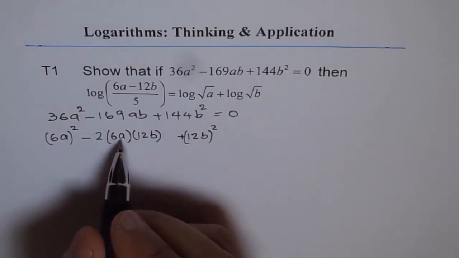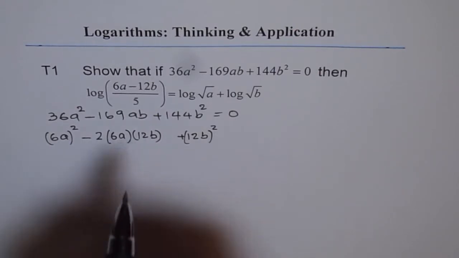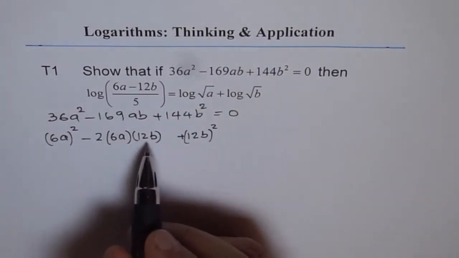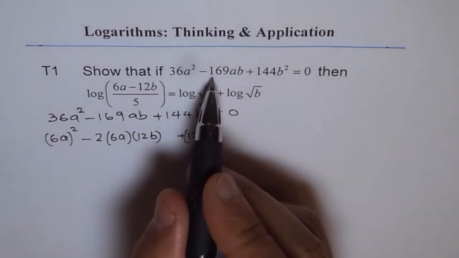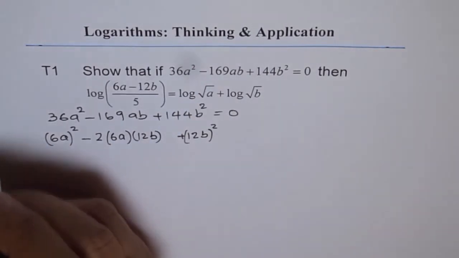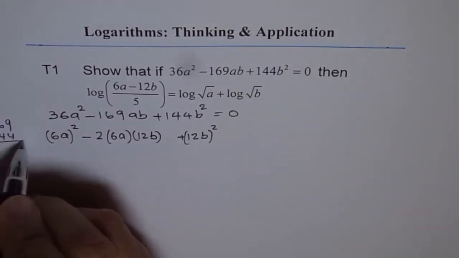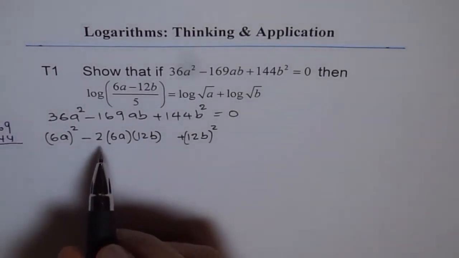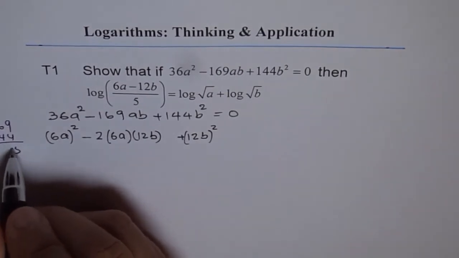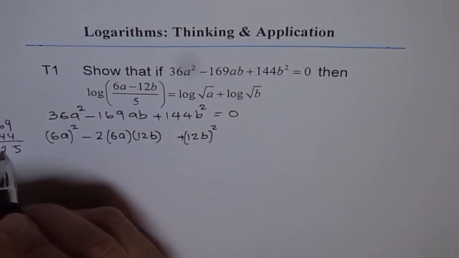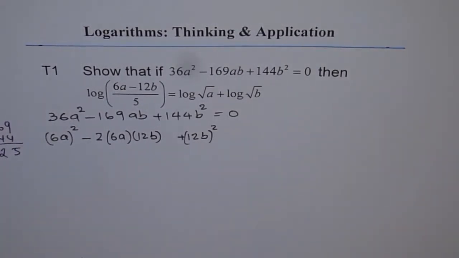So we just need 144 here. We'll take away 144 from 169. So 169 take away 144, and what do we get? We get 25. Do you see the math I've done here?